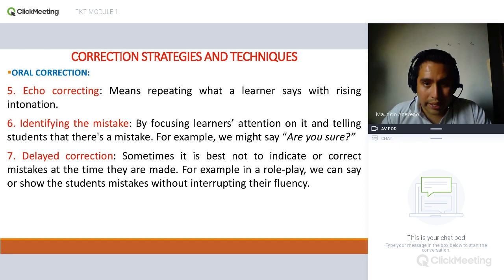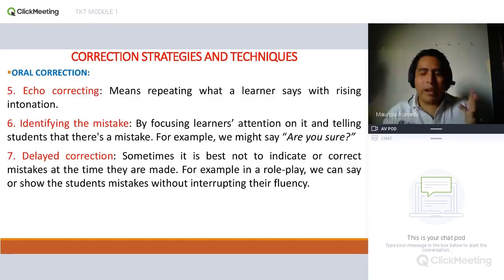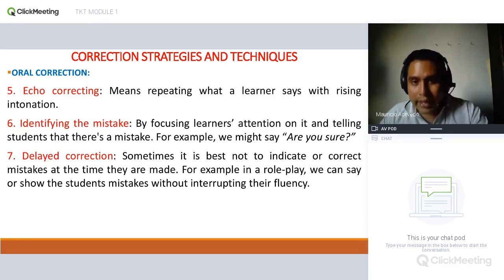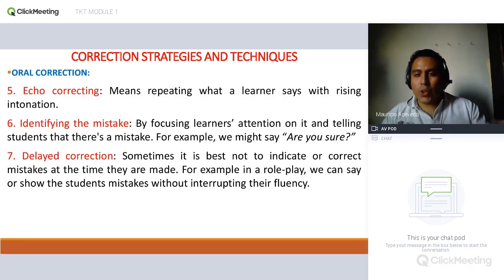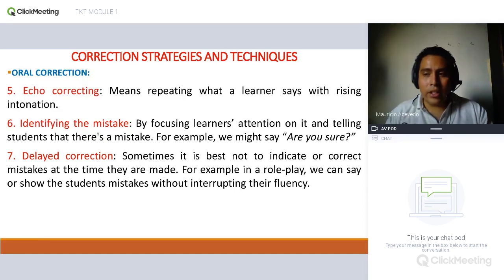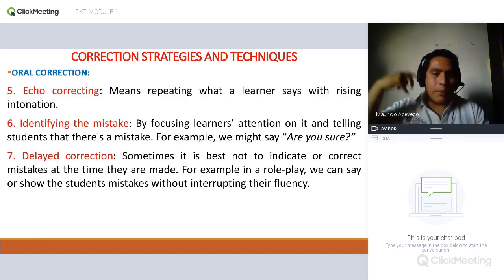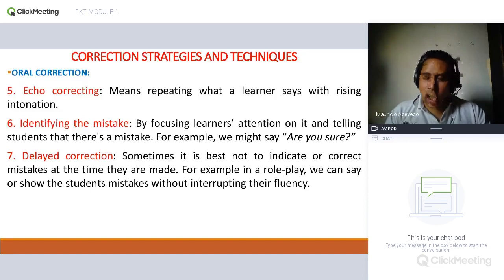I know that sometimes it's very difficult for us, whenever they are speaking and we want to correct them, but we need to wait because they are doing maybe a role play or something that requires their fluency. Maybe they are giving an opinion, and if you interrupt them, maybe they will lose the idea. So just let them continue.